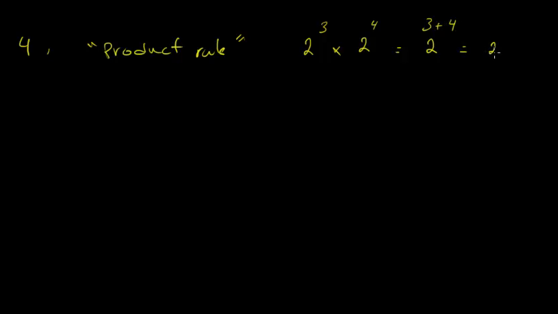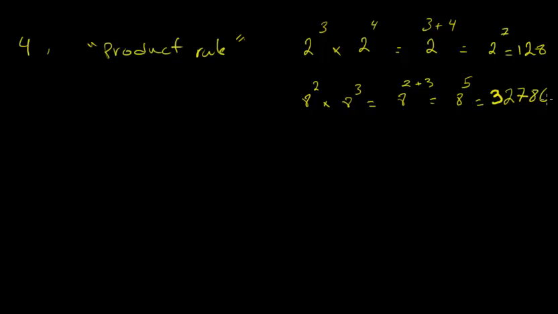You'll have 2 to the seventh power, which is 128. Or let's say you have 8 to the second power times 8 to the third power, and add the exponents, and you'll get 8 to the fifth power. It will be 32,768.